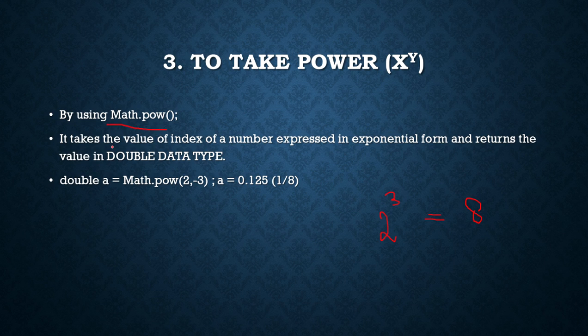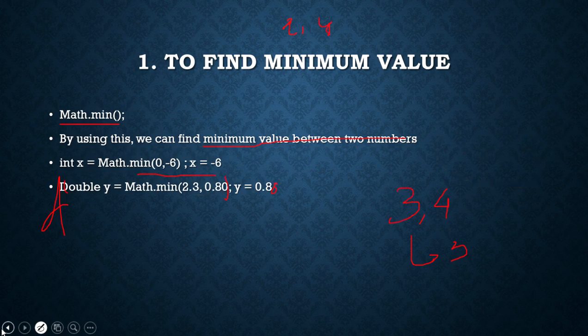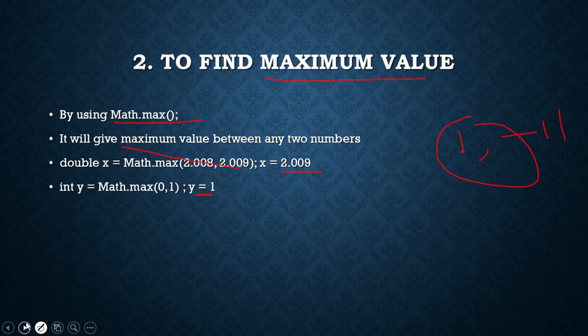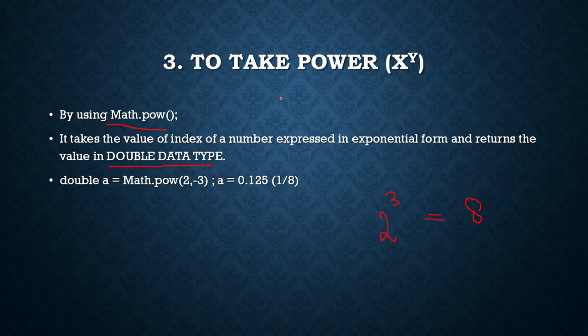It takes the value of the index of a number, expresses it in exponential form, and returns the value in double data type. In min and max it is usually integer, but double is also possible. From power onward, the data type is always double.